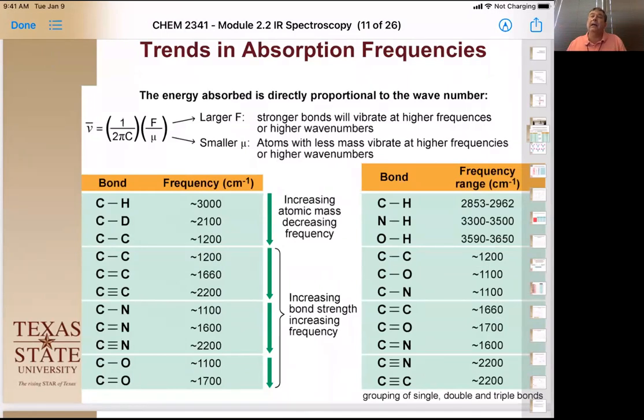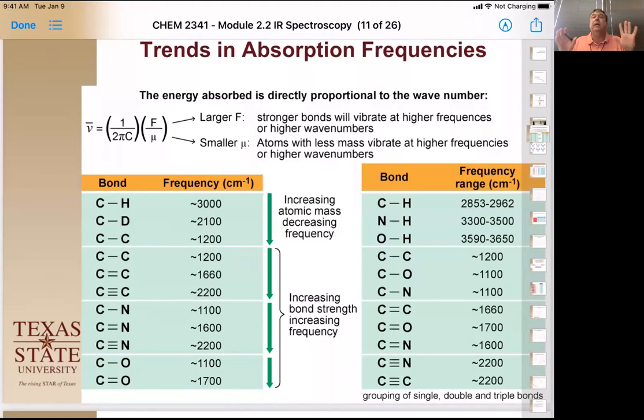In our IR range, we go from about 4,000 wave numbers, reciprocal centimeters, to about 400. So we have that great differentiation.